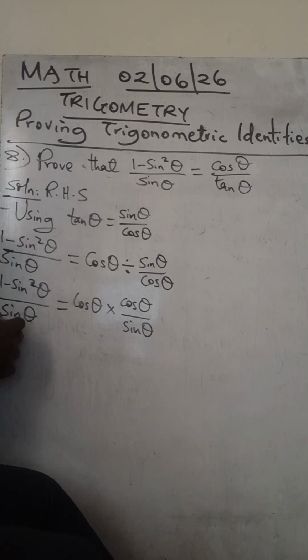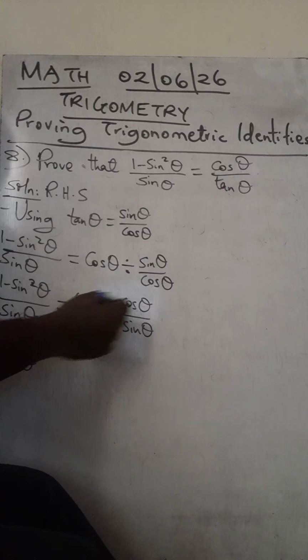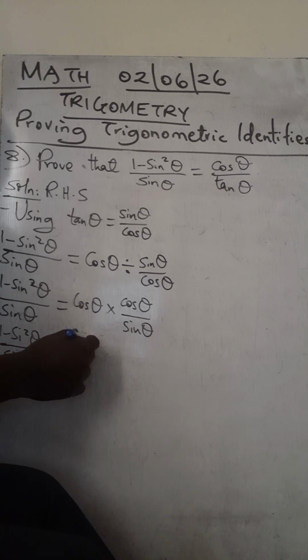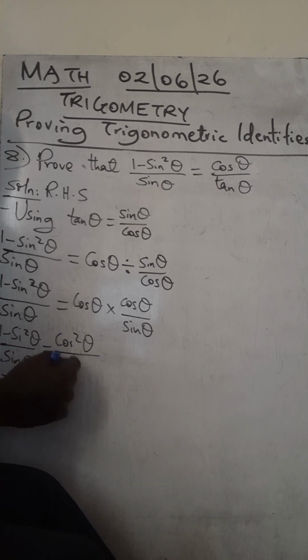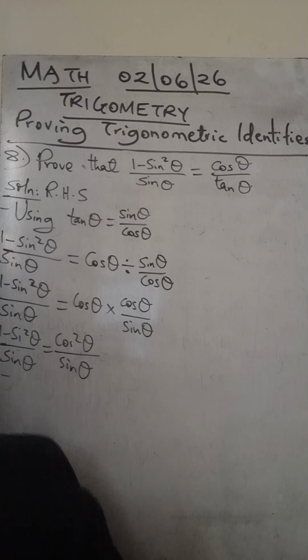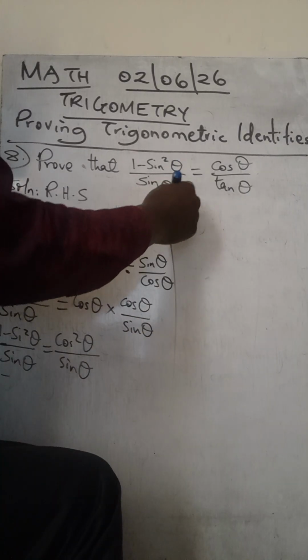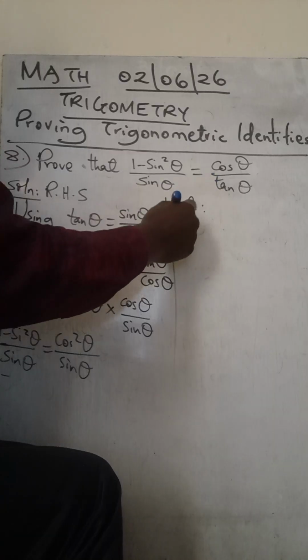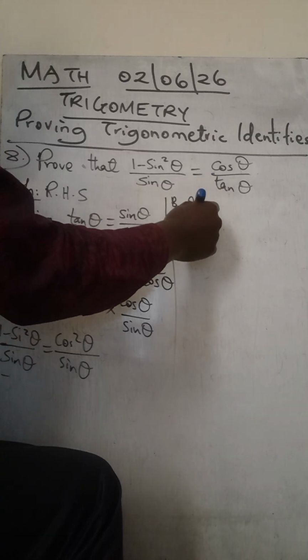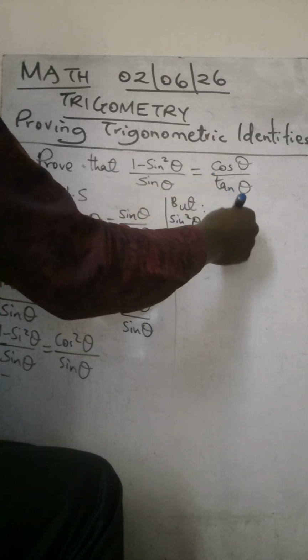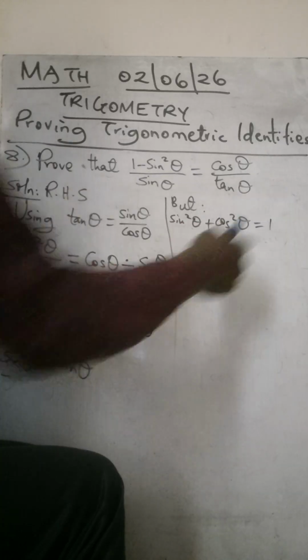So (1 minus sine squared of theta) over sine of theta. This times this, you square that. Up to this point, we bring in another identity which says sine squared of theta plus cosine squared of theta equals 1.